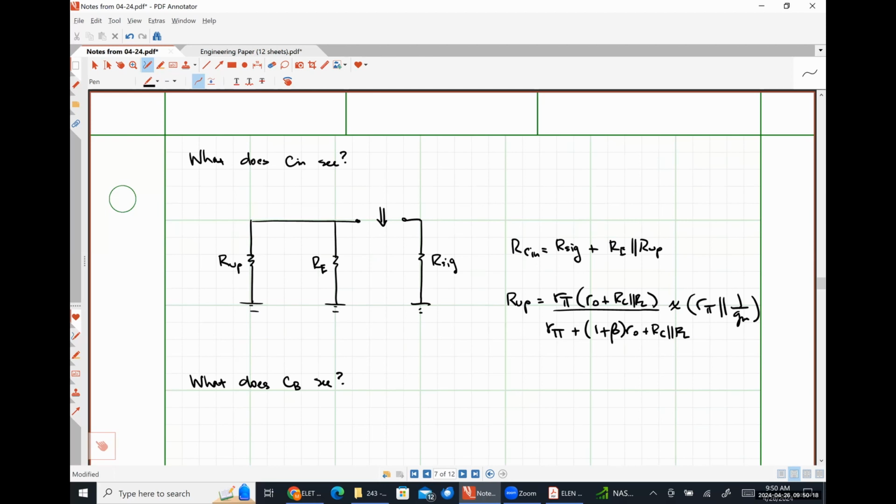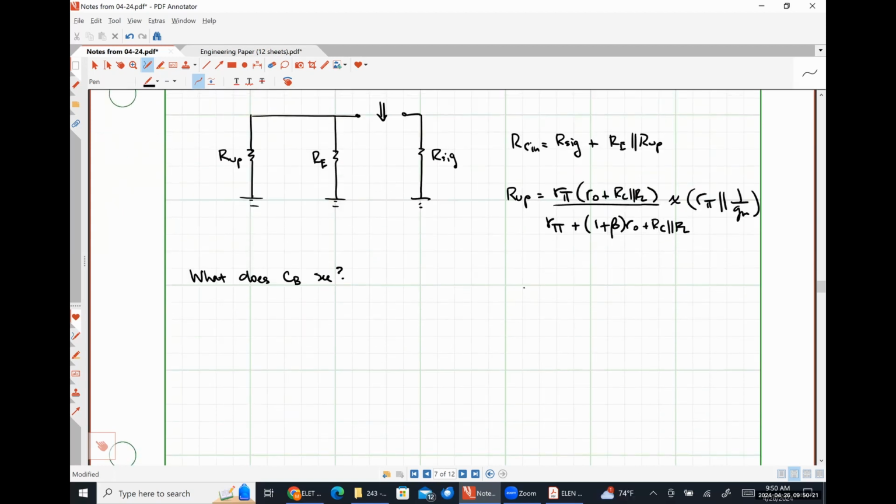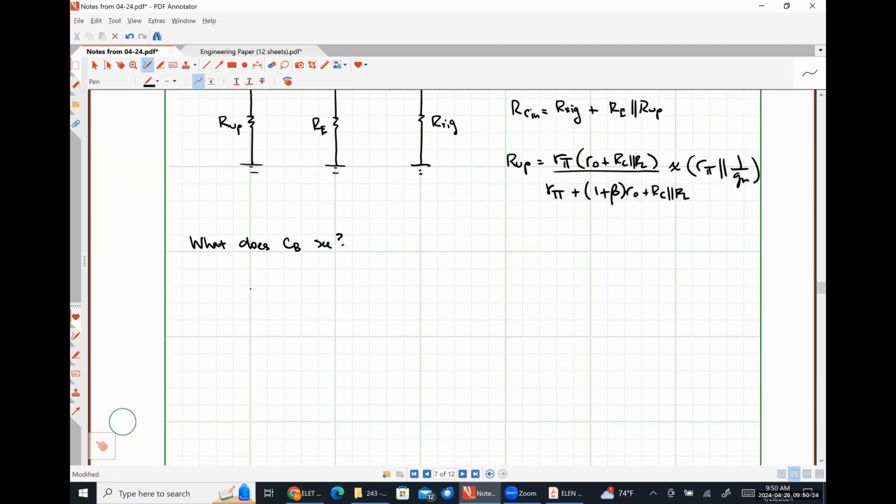So anyway, CB is going to see, if we put our capacitor here effectively, we'd be looking in here and we would have R1 in parallel with R2 in parallel with, I'm going to call it R, to the right.